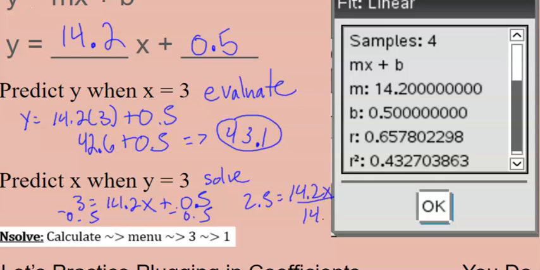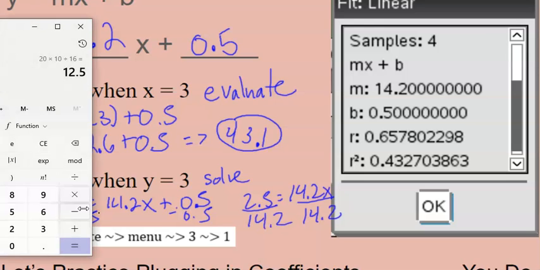Divide each side by 14.2. And that is about 0.176.